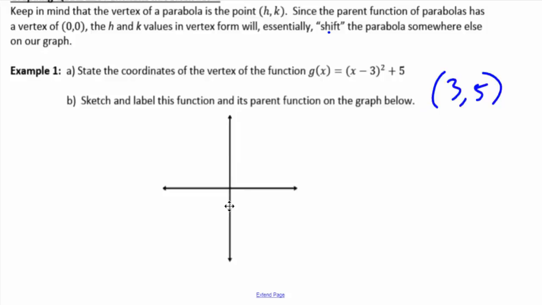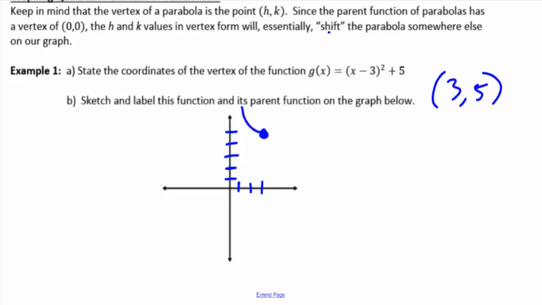So for 3, 5, you're just going to make your own scale. 3, 1, 2, 3, 4, 5. All right, so we have this 3, 5 right there, roughly our vertex. And because the a value is positive, it's going to open up.